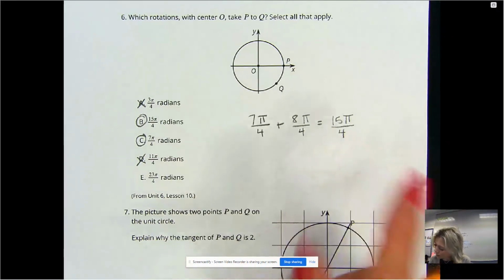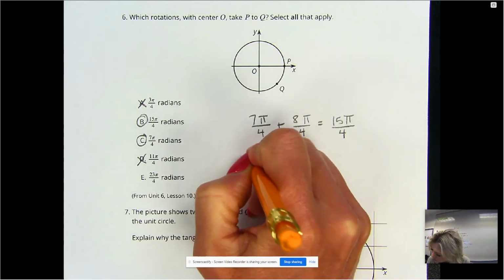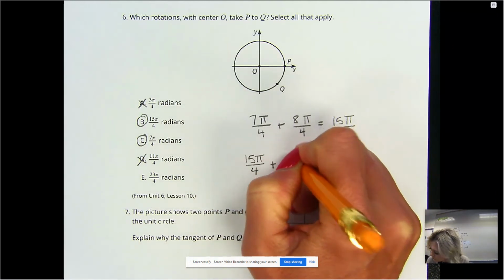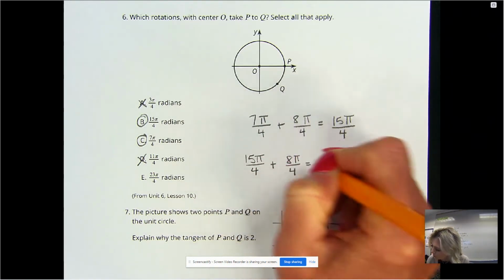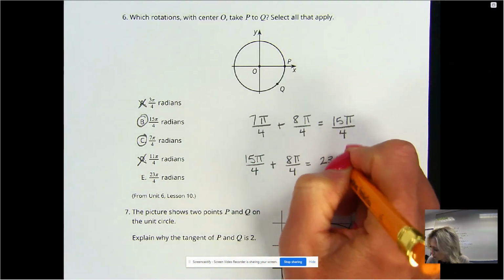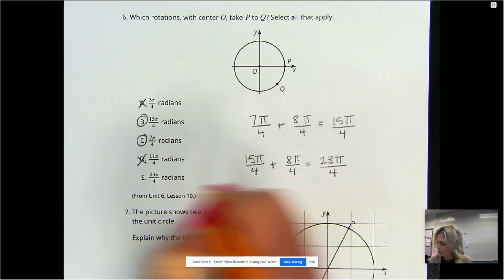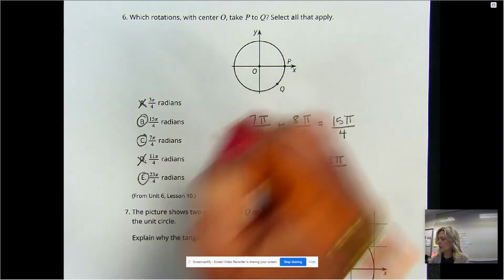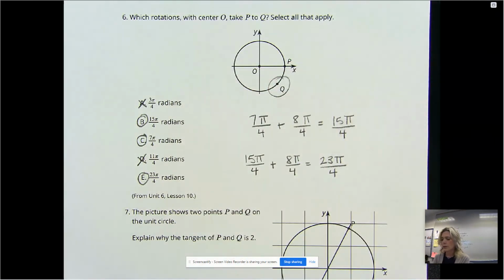So from right here, 15 pi over 4, if we add a full circle, we get 15 plus 8 is 23, so 23 pi over 4, which is answer choice E. So B, C, and E could all land right here, starting at P. Just additional laps.